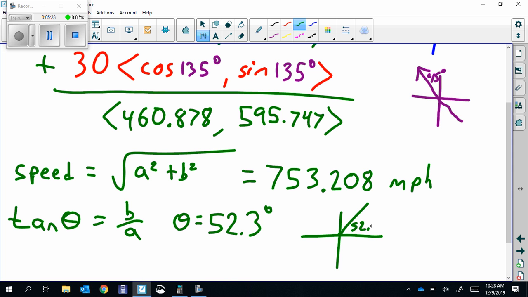So this right here is 52.3. That's not how you measure our direction angles. That is the correct quadrant, though, because this is going right and up, which is quadrant 1. So we're in the right quadrant. We don't have to add or subtract any angles from it. But when you write your direction angle, we measure from north, which means we need the complementary angle right here.